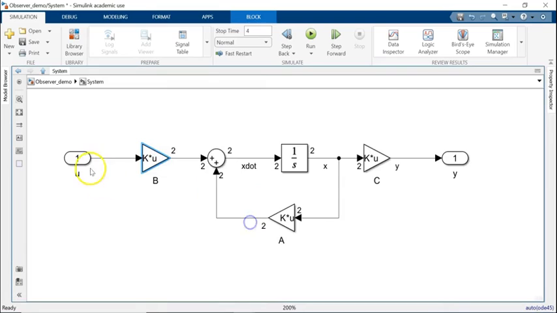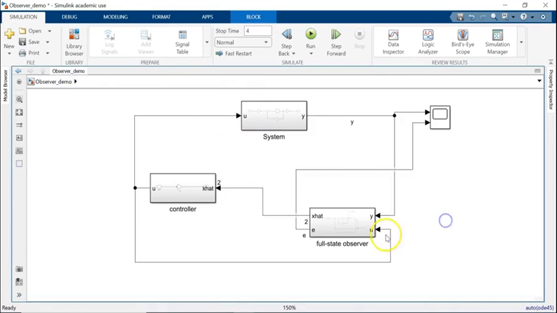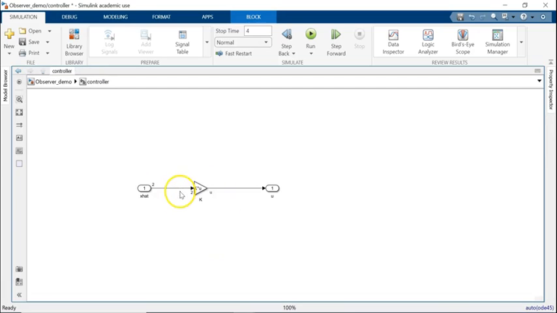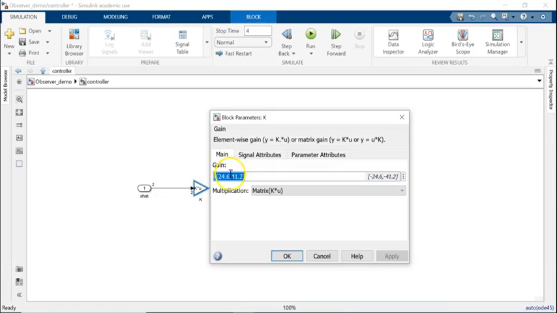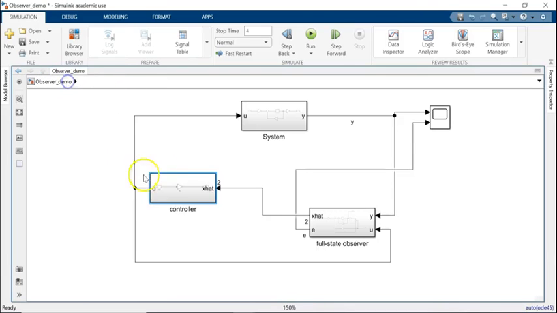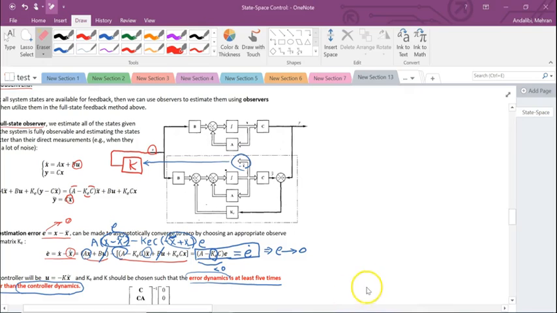So the system will get U and pass you Y. That's our system. The observer will get Y and U, and it gives you X hat. X hat is passed to the controller, so it's multiplied by the K matrix that we just derived. That generates U that can be passed back to the system and the observer.